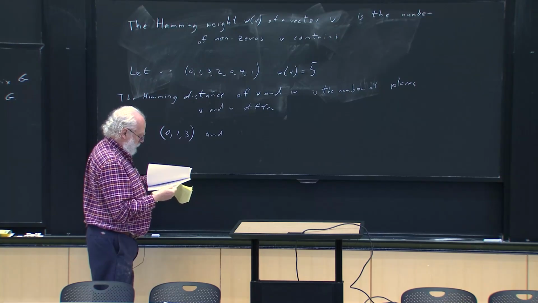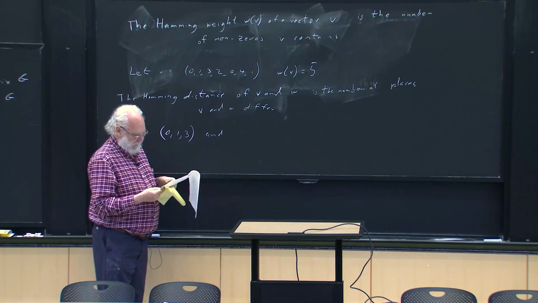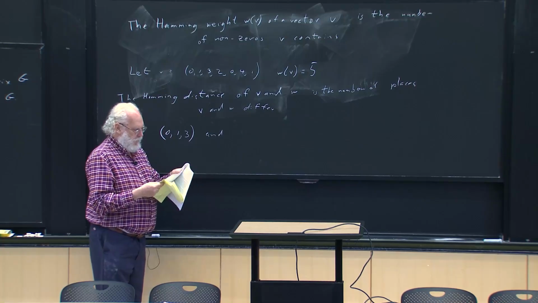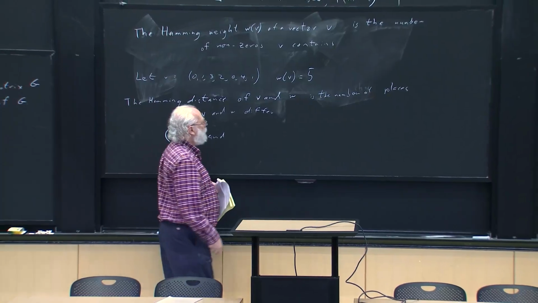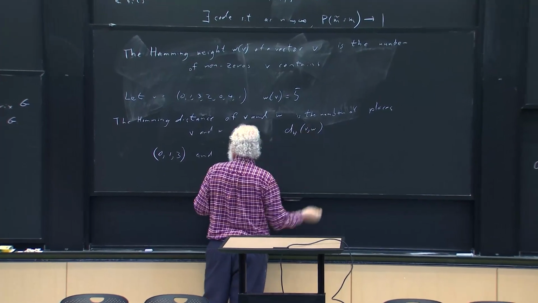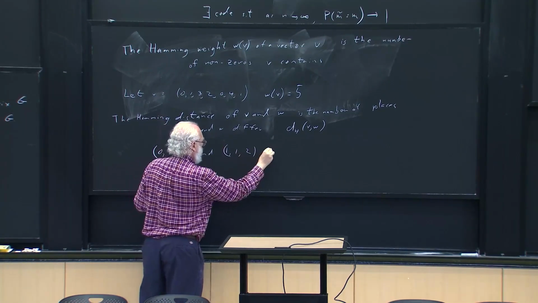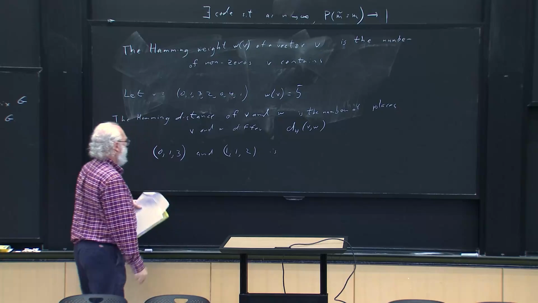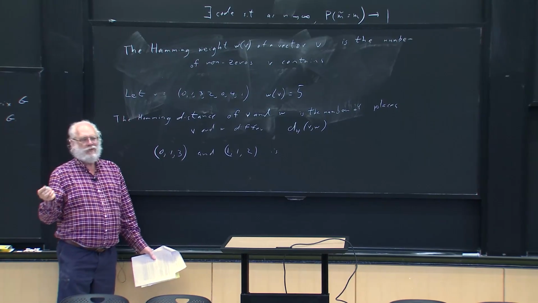I want to use the same notation for Hamming distances as in the notes. So this is d sub H of V, W. How many places do they differ? Anybody? 2.